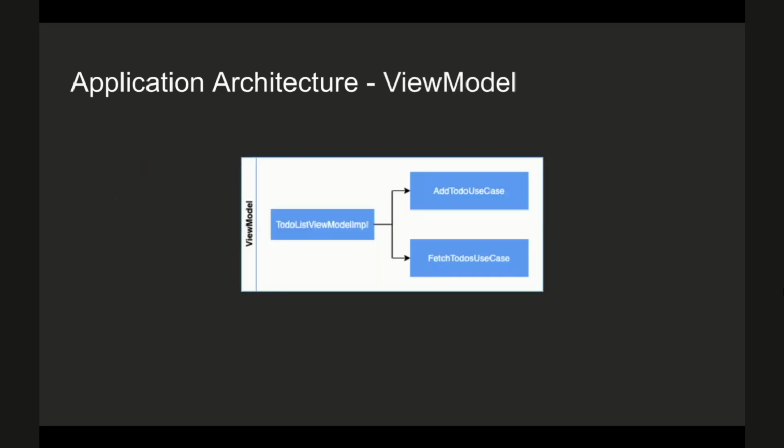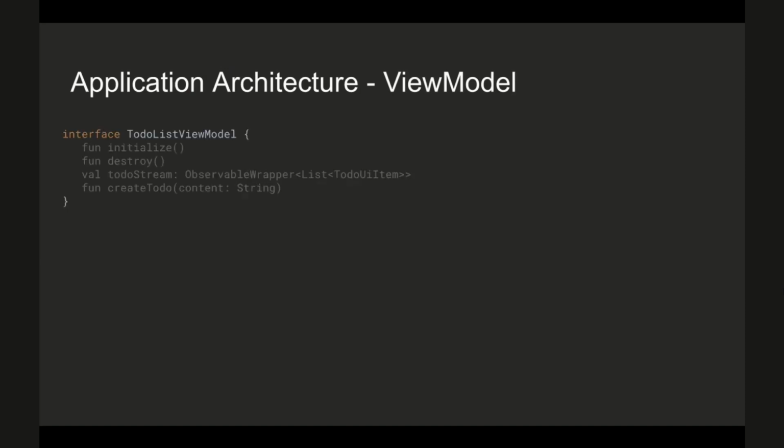For the view model, it has a dependency on the use cases. This is the contract for the view model: initialize and destroy. It's up to the view of each platform, so it's up to the view lifecycle, for instance on Android, initialize on create and destroy on destroy.